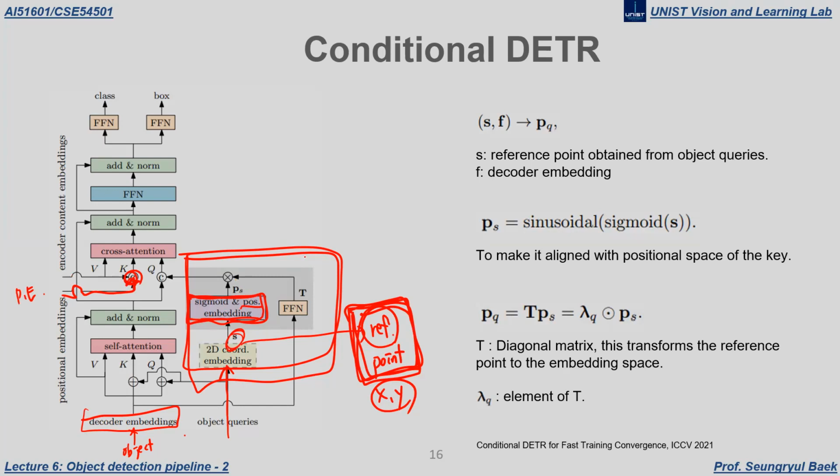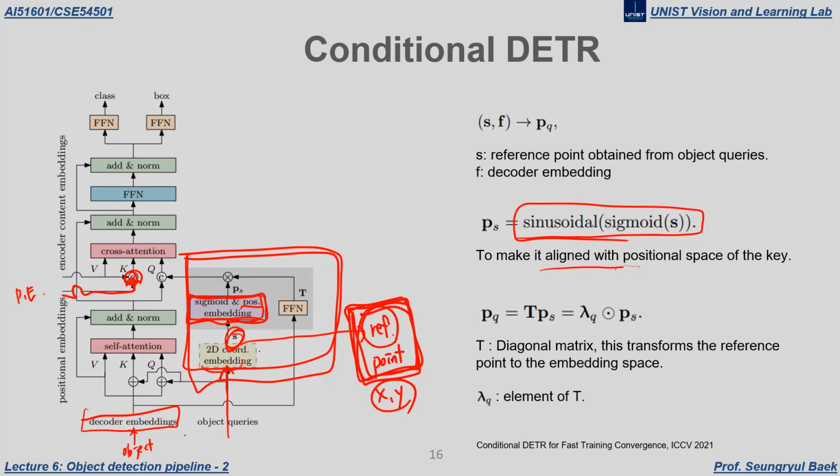This sinusoidal encoding is done to align this reference point's positional space.